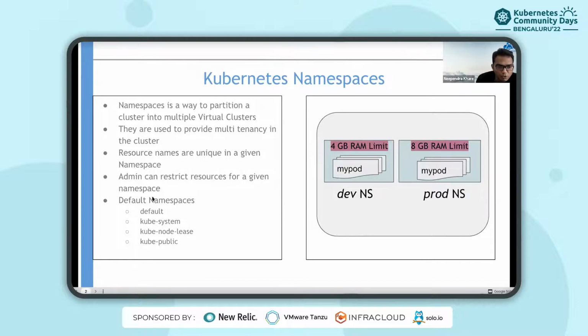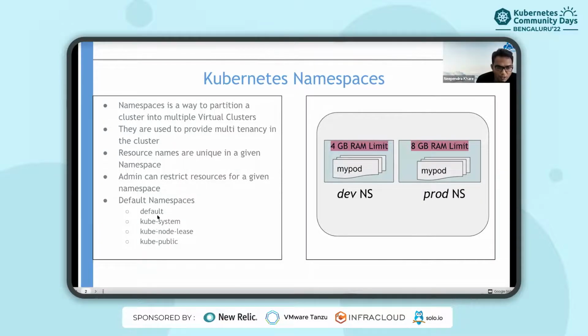There are 4 default namespaces we get as we install the cluster: default, kube-system, kube-node-lease, and kube-public. Of these, kube-public and kube-node-lease are primarily used for cluster creation and bootstrapping, so we kind of ignore them. Kube-system is a namespace in which Kubernetes runs Kubernetes-specific applications.